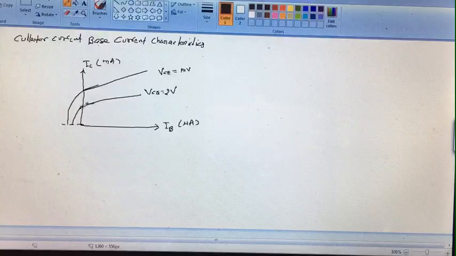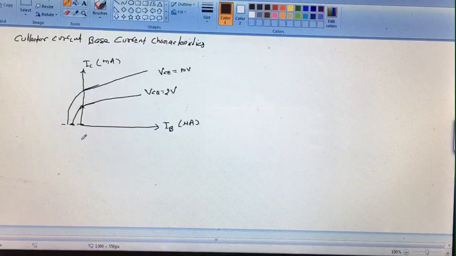We are saying that if base current is negative at a particular region, then collector current is 0. Otherwise, at 0 base current there is a certain collector current. Now, it is the graph between collector current IC and base current IB, keeping emitter collector voltage constant and the base current is varied and the corresponding collector current is noted.